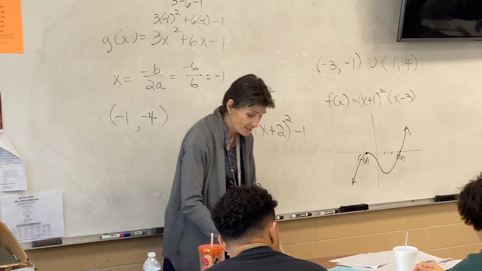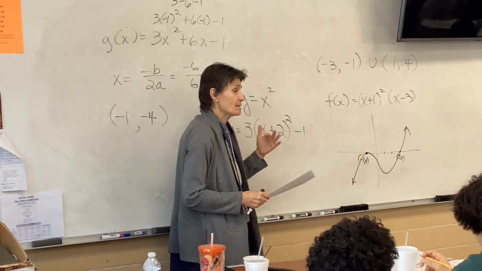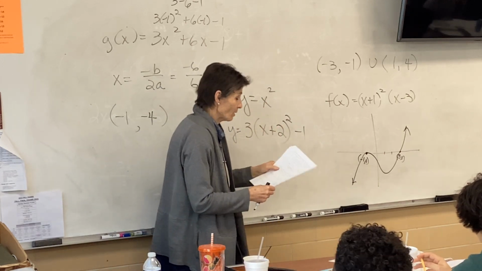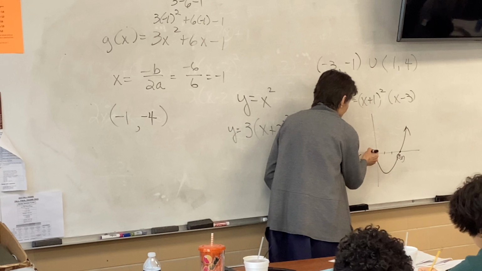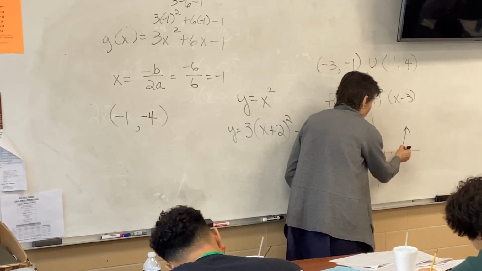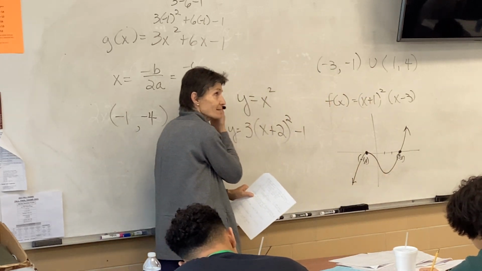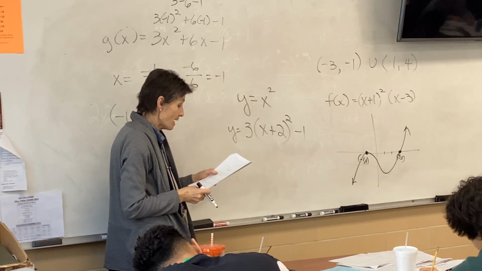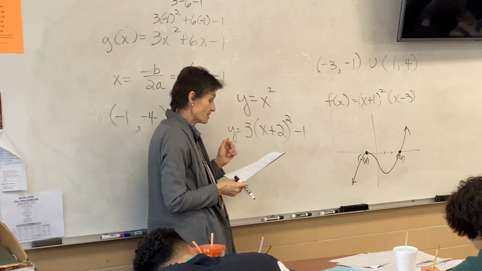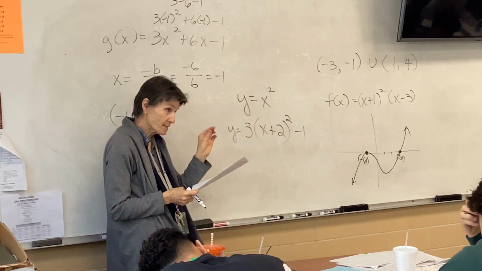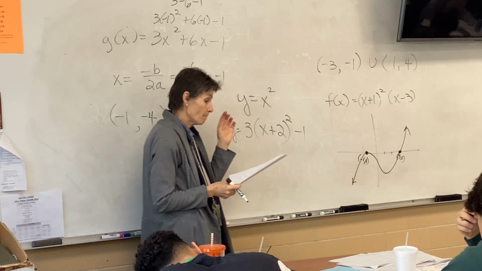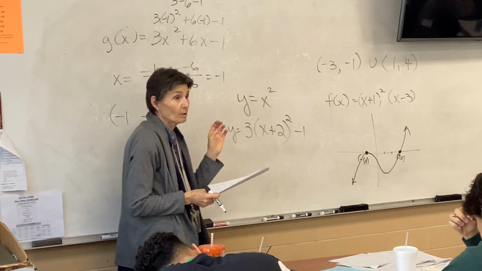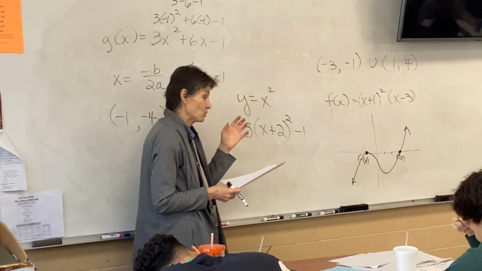Now, that's going to help me answer both questions. What are the x-intercepts? These are the x-intercepts. Those are the dots on the x-axis. At what point does the curve just touch, or bounce, or act as a tangent?